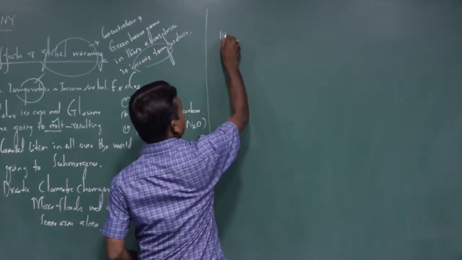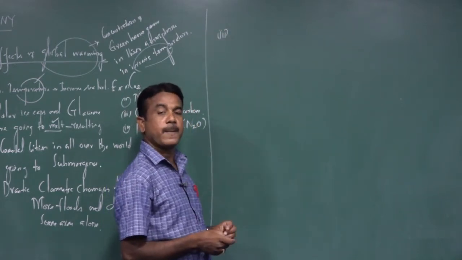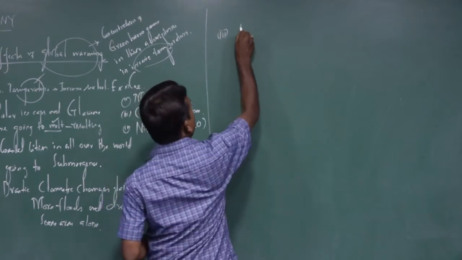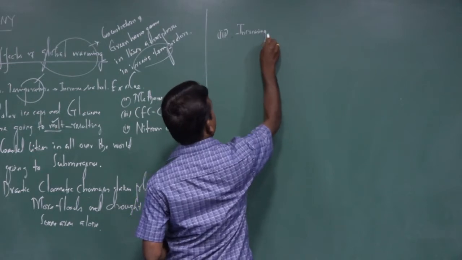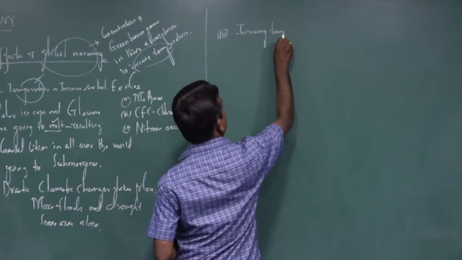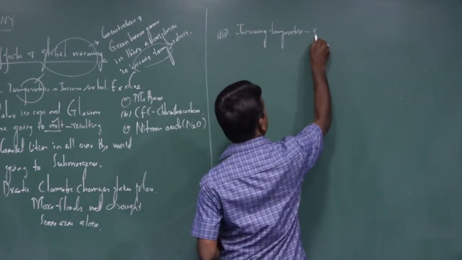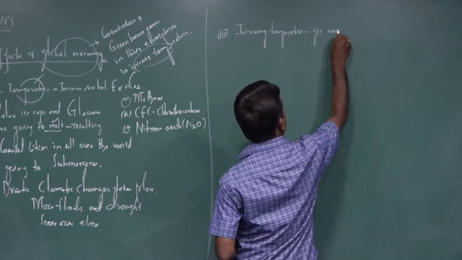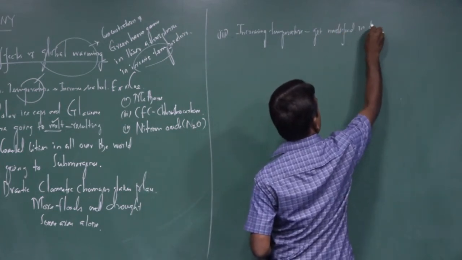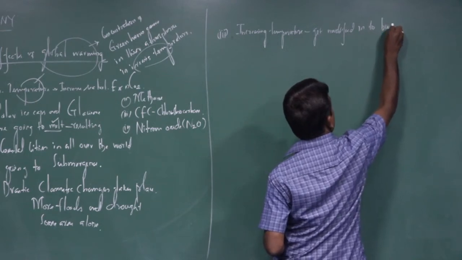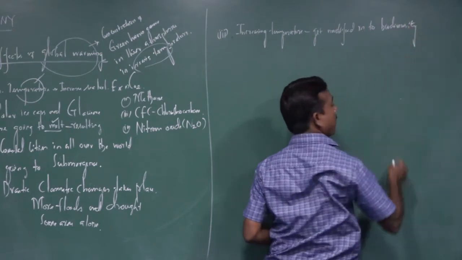What is the third effect of global warming? Due to increasing temperature, biodiversity gets modified.